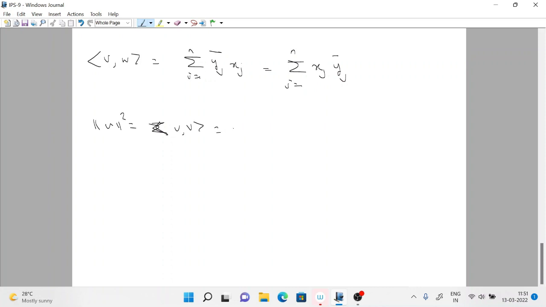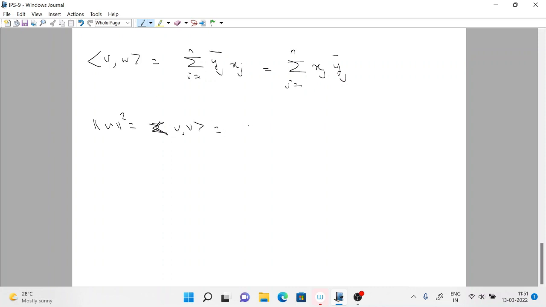Therefore, this object, inner product v with w, is summation yj bar xj, j equal to 1 to n, which is the same as summation xj yj bar, j equal to 1 to n. In particular, what is norm of v squared? That is the inner product v with v.